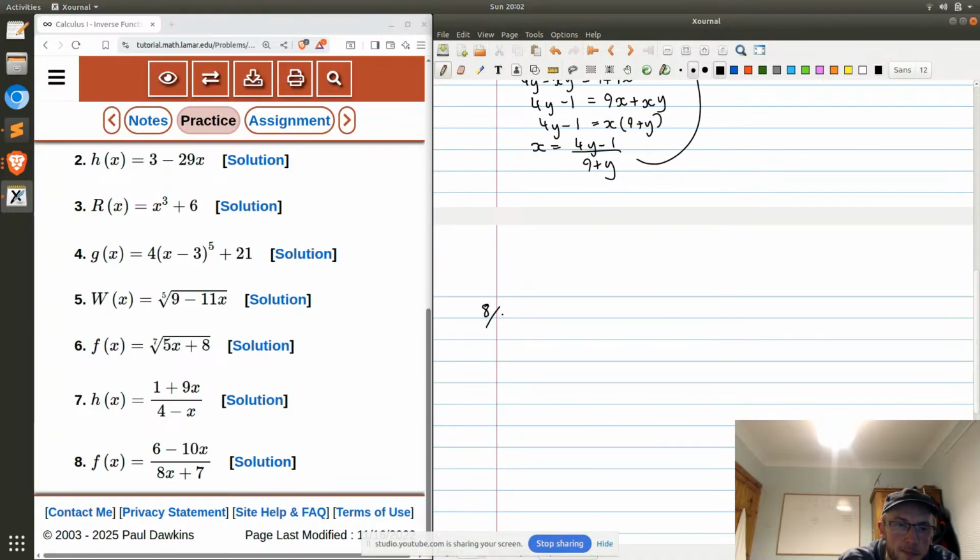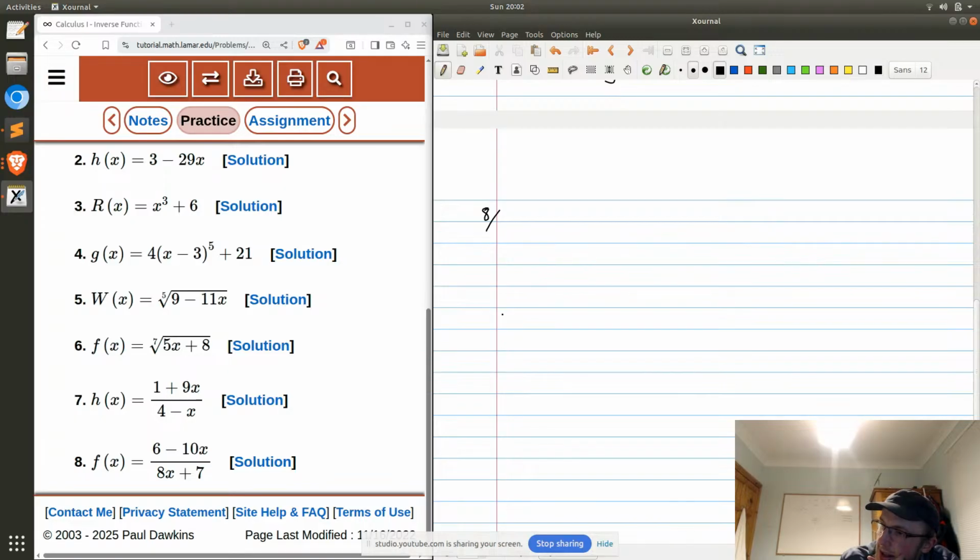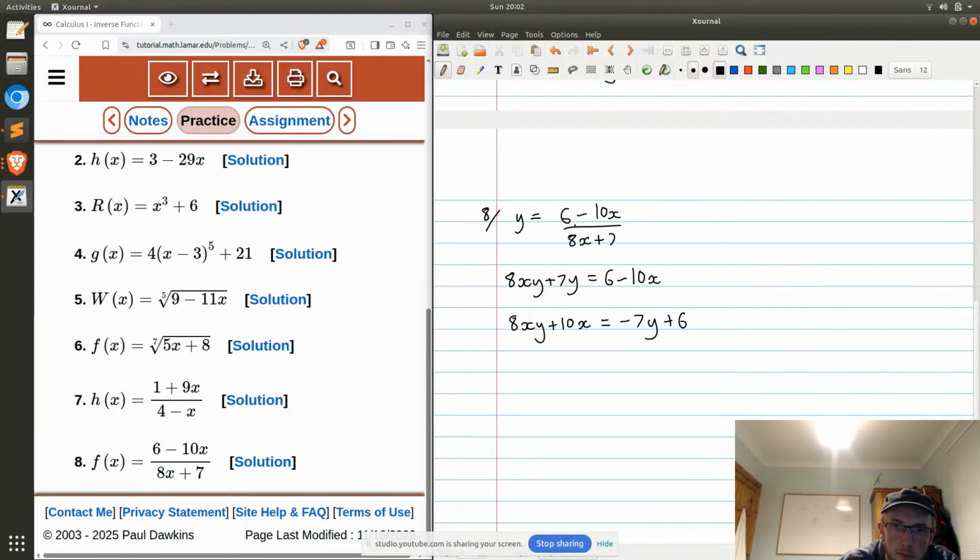Now for the 8th problem. Similar. So same strategy. Y equals 6 take 10x over 8x add 7. Times both sides by that. So 8xy add 7y equals 6 take 10x. Move everything over. Factor out x and divide through.